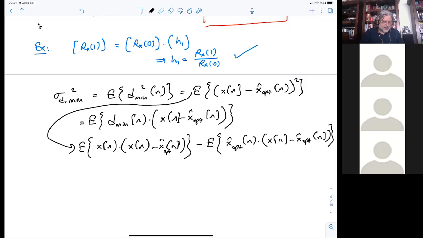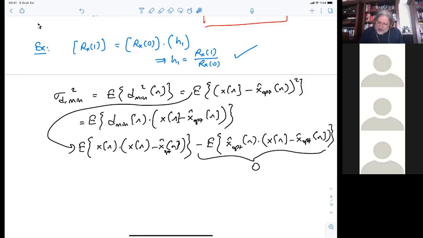And using this kind of expansion, and using the orthogonality principle that I have just introduced, which is telling me that this is essentially zero, because this thing, x hat optimum, must be orthogonal to the error.